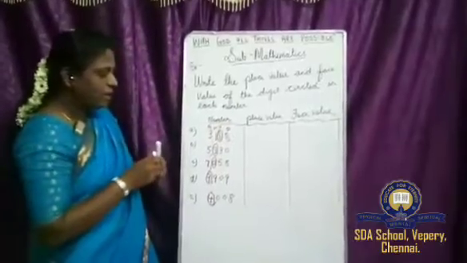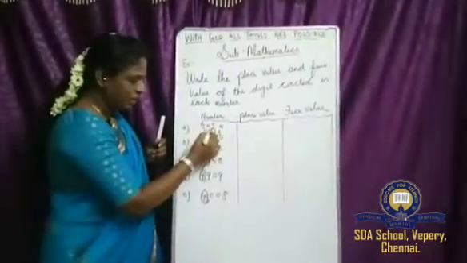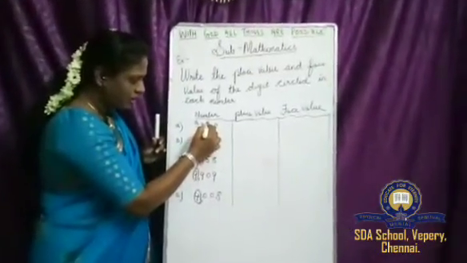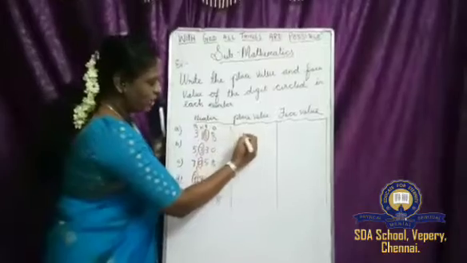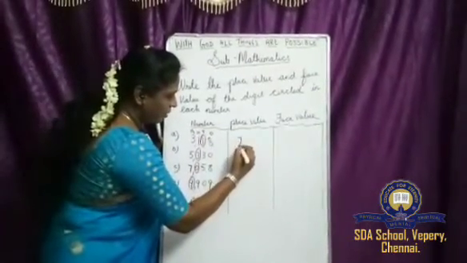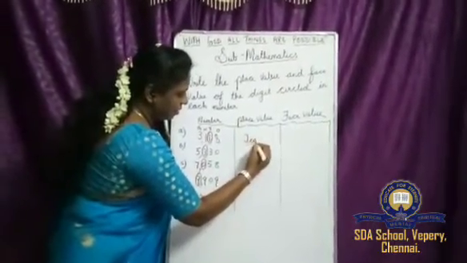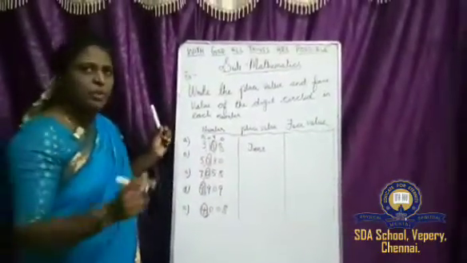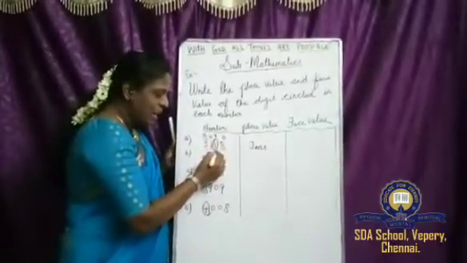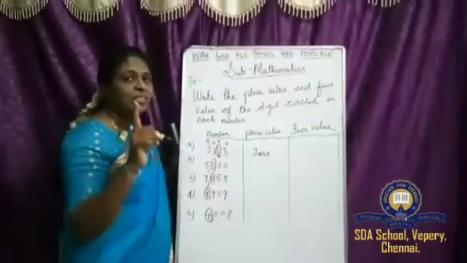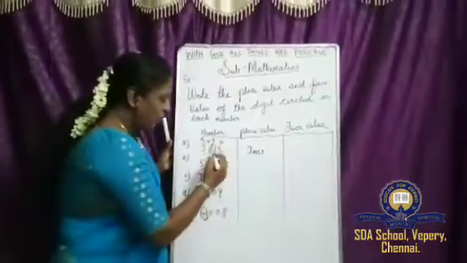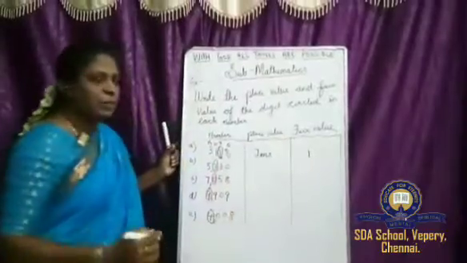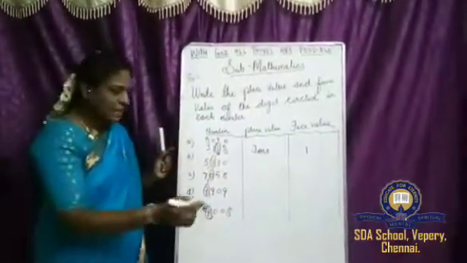So the circled number is 1. The place value of 1 is what? Tens. So you have to write here tens. Then what is the face value? The face value is the number itself. So write this as it is. Now come to the next number.